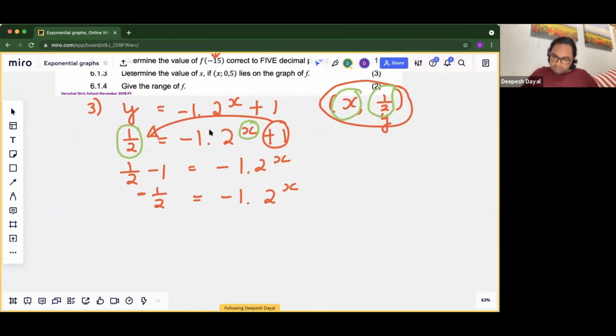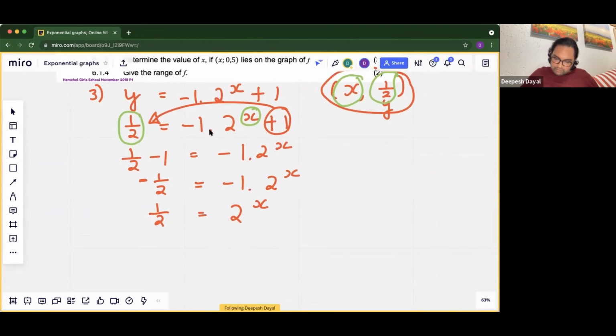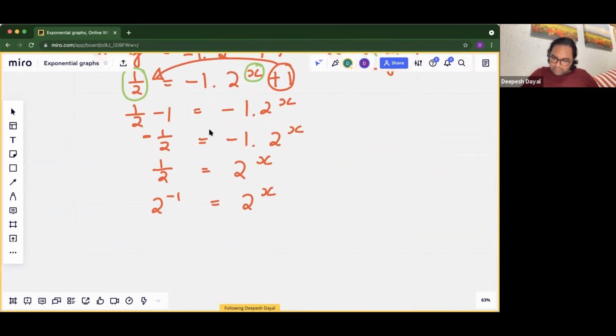Because we have minuses on both sides, it just becomes positive. So half equals 2 to the x. And this is where the trick is, because half is in fact 2 to the minus 1, equals 2 to the x. And therefore, x equals minus 1. So well done, Adam. That's the right answer.